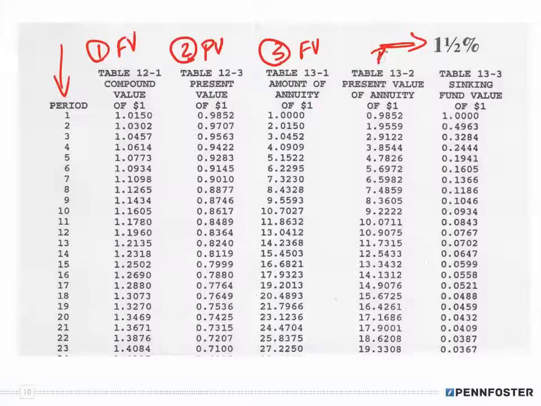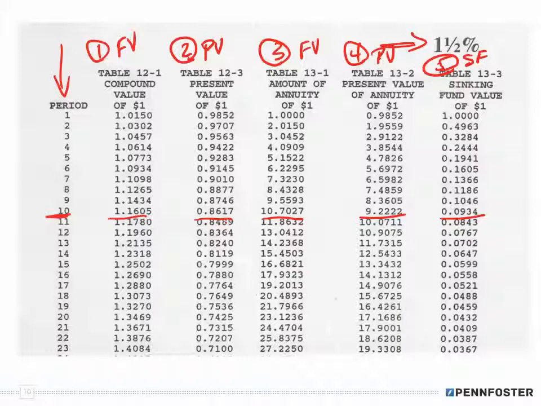Or if you want the present value of an annuity, you're going to use column 4, and a sinking fund in column number 5. So you'll say, I'm at 1.5%. If I need it to be down at 10 periods, whatever's on this line, depending upon what you're looking to do, that's going to be the factor that you're going to use.